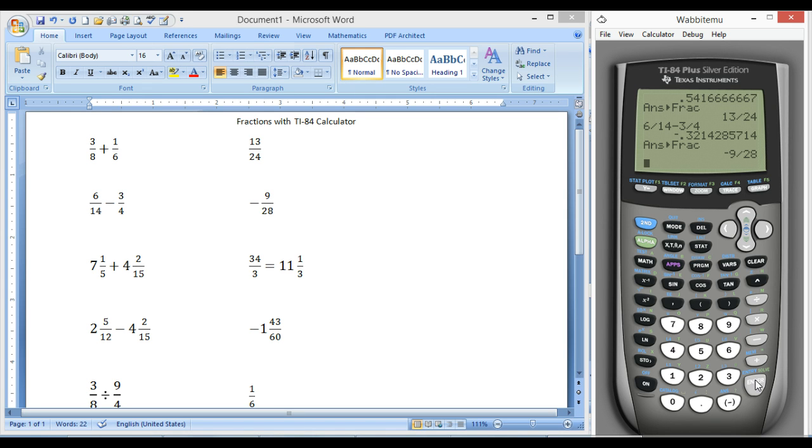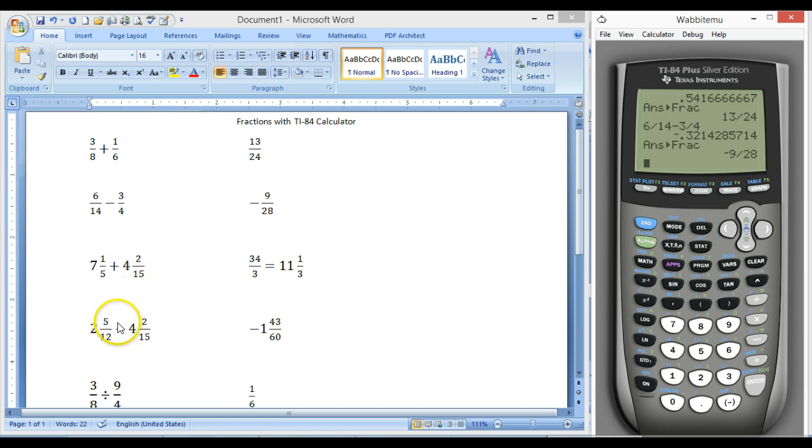Now these other ones that are mixed numbers, here we have 7 and 1/5 and 4 and 2/15. There's no way around it. You must make these improper fractions, or those of you who are really confident in your negative and positive signs, if you're comfortable with that, you could go ahead and do 7 plus 1/5 plus 4 plus 2/15.